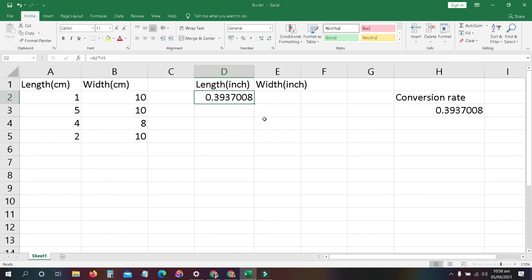Because when I discussed relative reference earlier, we need to use the fill handle to apply that cell to the rest of the cells, because it's so tiring if you type it one by one. But why do you think the answer is zero here and here? Only this one is correct.